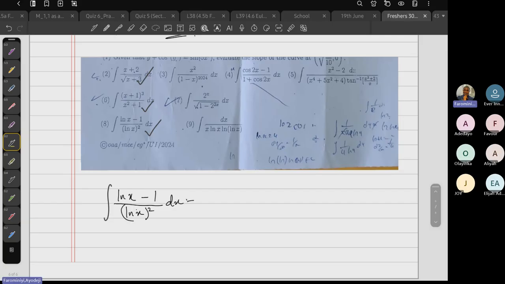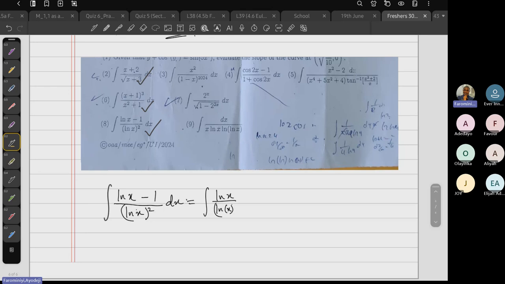If we make u equal to natural log of x from here, that will not work because the x will show up. But we can split it up into natural log of x over natural log.